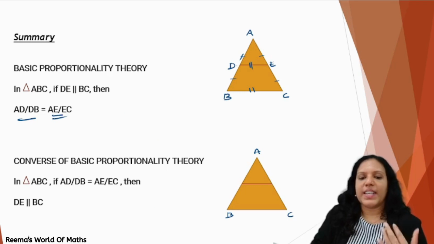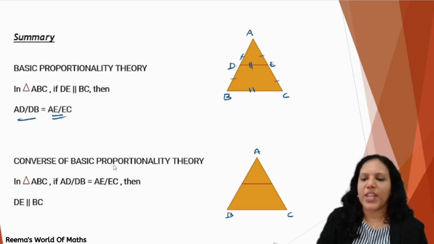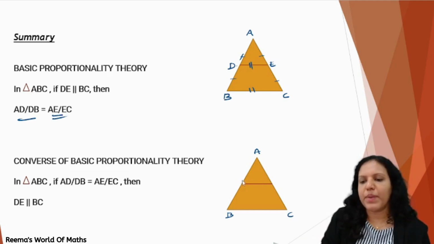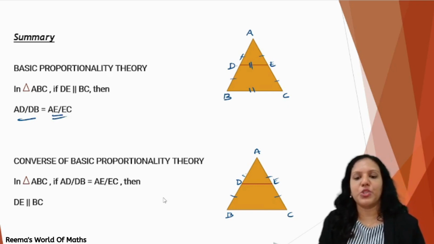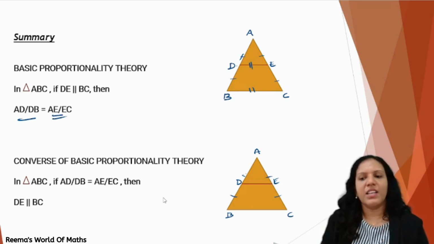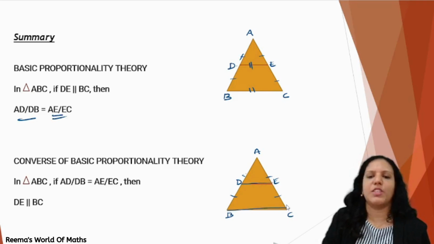Now the second one is the converse of the basic proportionality theorem. Just the reverse of that. In triangle ABC, if AD by DB is equal to AE by EC, if they are in proportion, then the line DE drawn here will be parallel to BC.